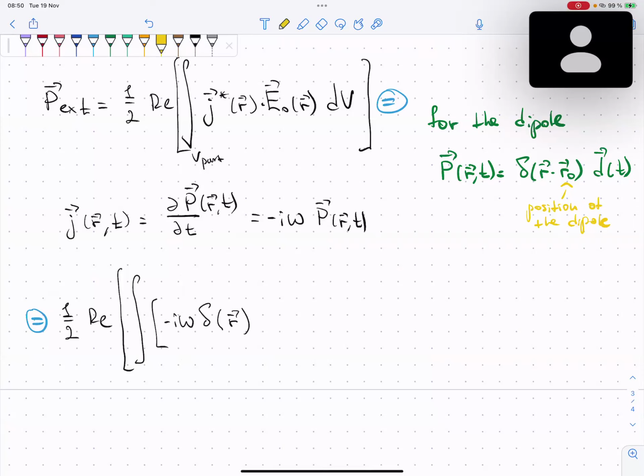In the first line P is the power, and this is the extinction power, and this is the polarizability.